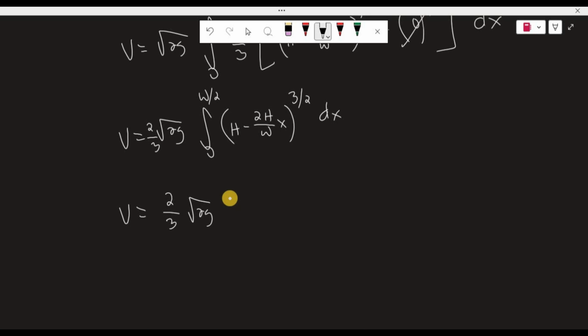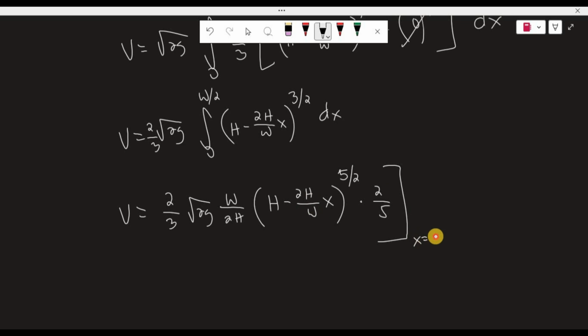Then we have to reciprocate it, w over 2h, and then the inside function, x, and then increase the exponent by 1, so 3/2 plus 1 is 5/2, and then multiply by the reciprocal of this exponent, so 2/5, and then we have to evaluate this from x equals 0 to x equals w over 2.